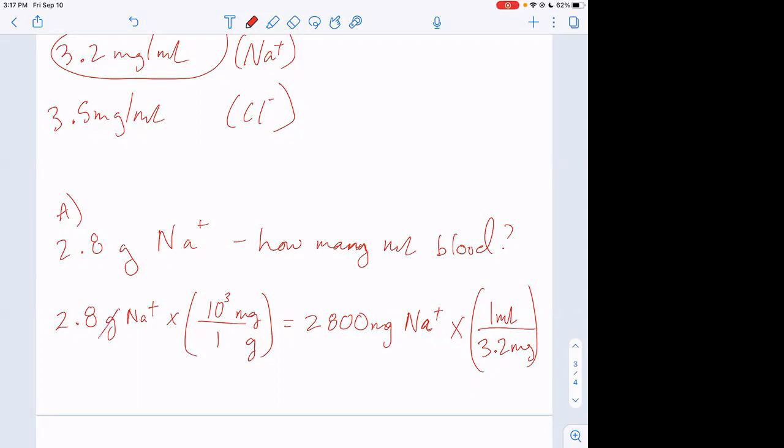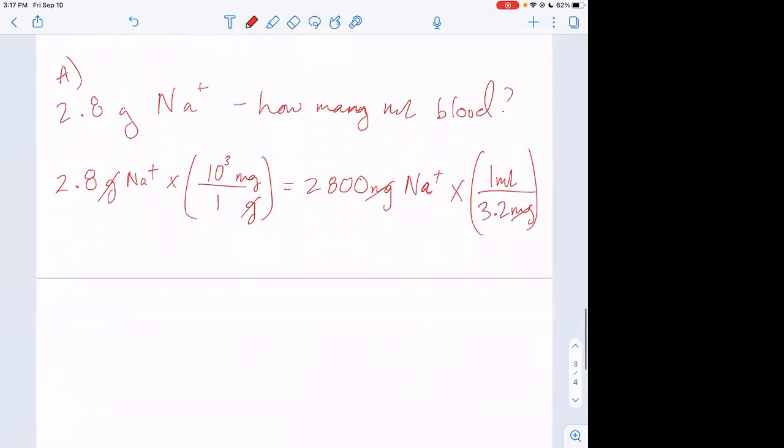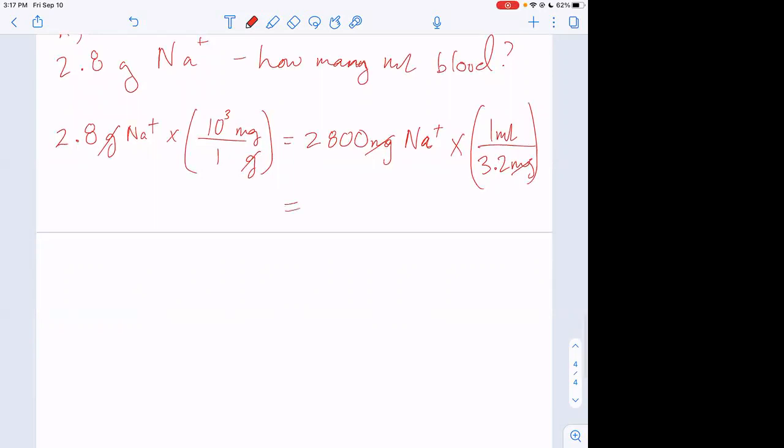So here we canceled grams, and then on our second conversion, we're canceling milligrams. So you'll do 2,800 divided by 3.2. And that will give you an answer in milliliters of blood.